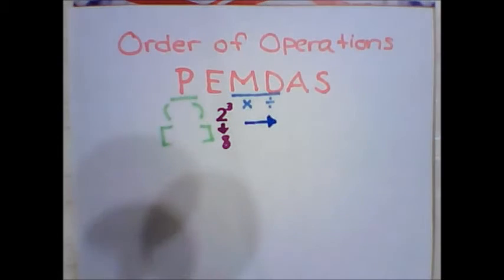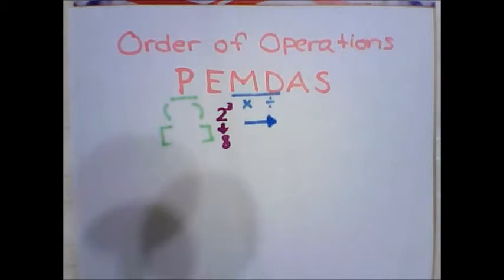It used to be thought that wherever you saw multiplication, you did multiplication first, and then you went on to division. That is not the case. You solve this from left to right. So even if you have a division problem first in your series of operations, you need to divide first, then multiply, whatever comes in order from left to right.